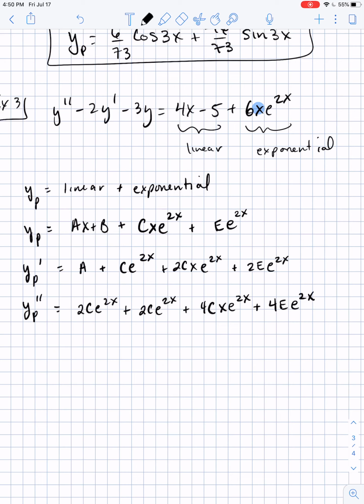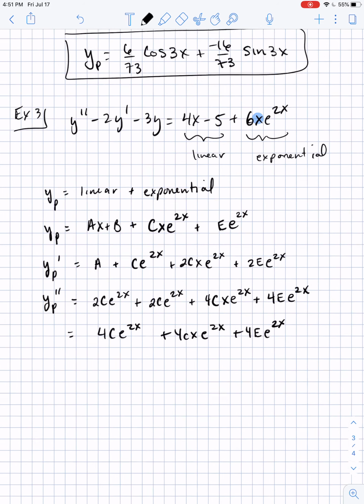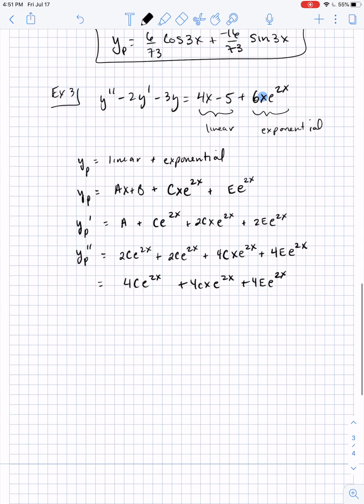All right. Next step, so let me just clean this up. I get 4c e to the 2x plus 4cx e to the 2x, and then plus 4E e to the 2x. So let's plug this stuff in. You need a little room here.